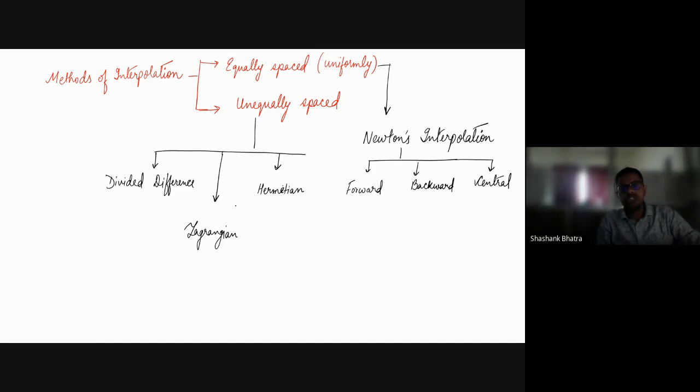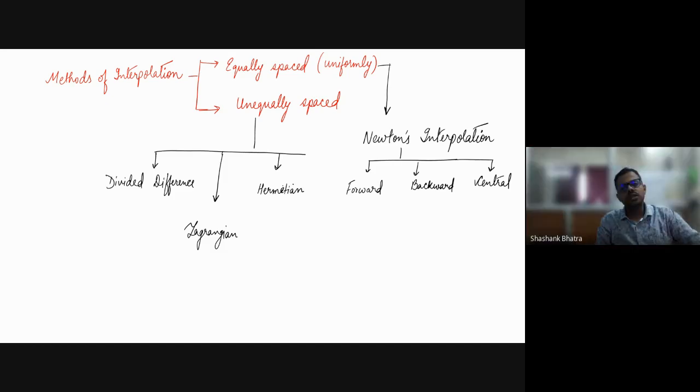The Lagrangian approach as well as the Hermitian approach are very much used when you are studying the finite element method. In the finite element method, when you are covering the shape functions, at that time you utilize the Lagrangian and Hermitian approach.